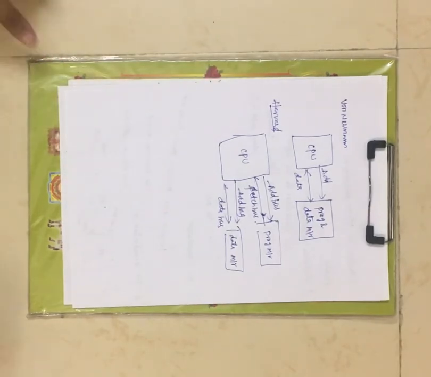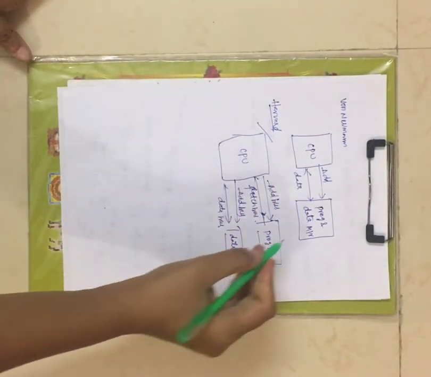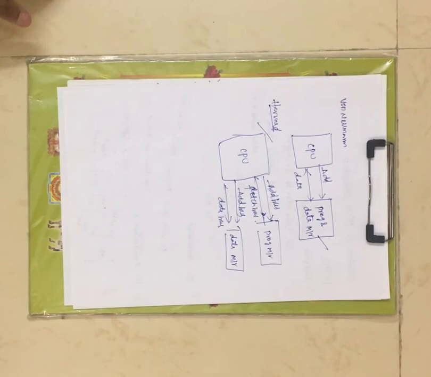The mostly used architecture is Harvard architecture, because in von Neumann you can't fetch the instruction and the data at a time, but here there is a possibility of fetching the instruction and data at a time.